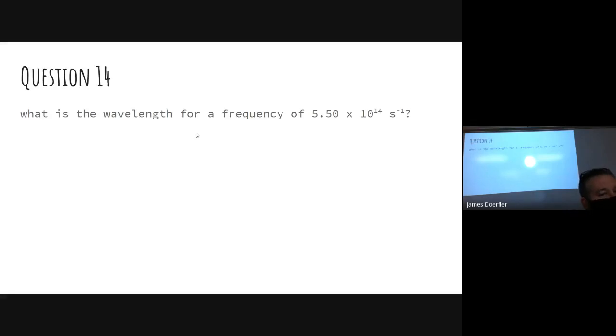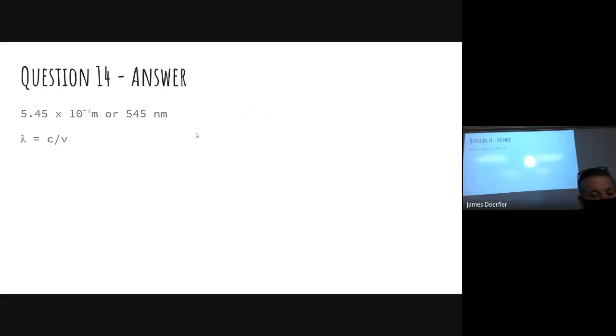Question 14. And this involves a little bit of math, but you don't have to do it right now. I'm going to walk you through it. What is the wavelength for a frequency of 5.50 times 10 to the 14th s to the minus 1? In order to solve this, you're going to take that equation we saw in our very first question, c equals frequency times wavelength.